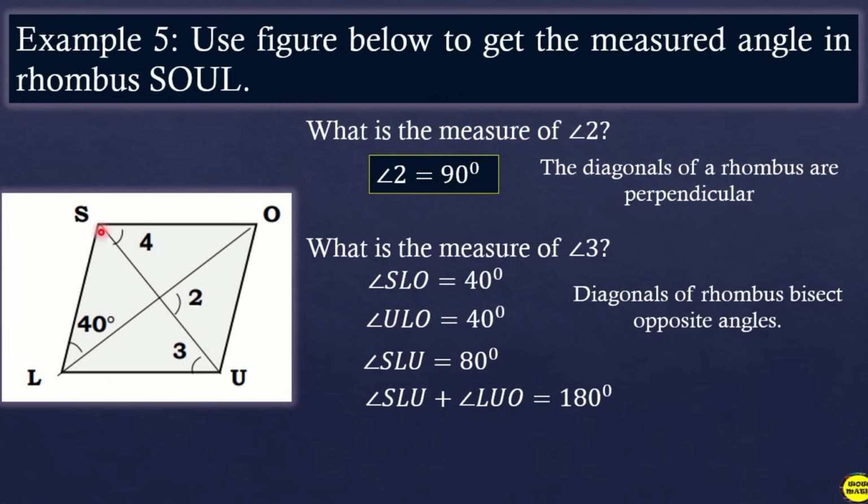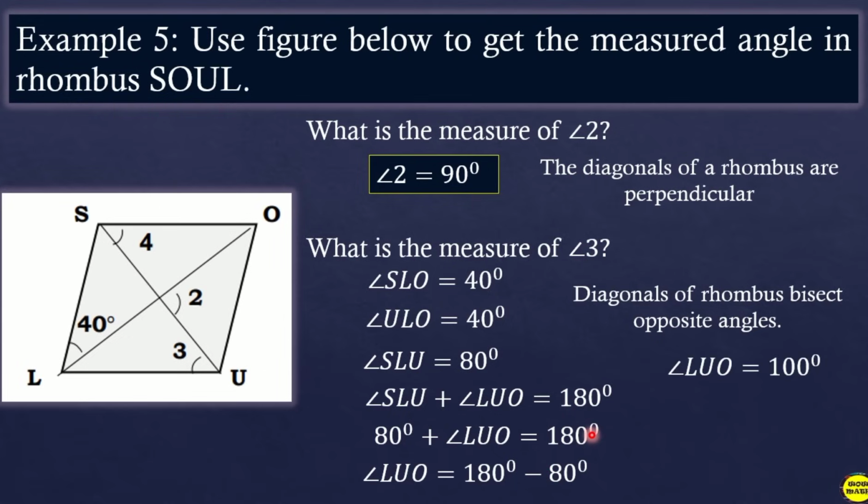So angle SLU and angle LUO are supplementary, and the sum must be 180. Let us solve: 180 minus 80. Therefore, angle LUO is equal to 100.